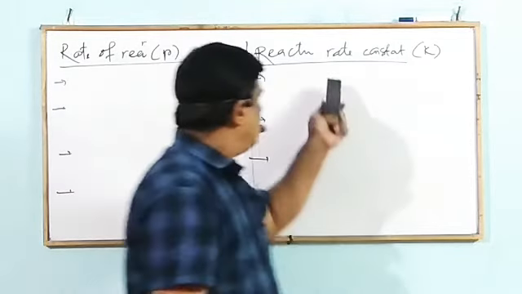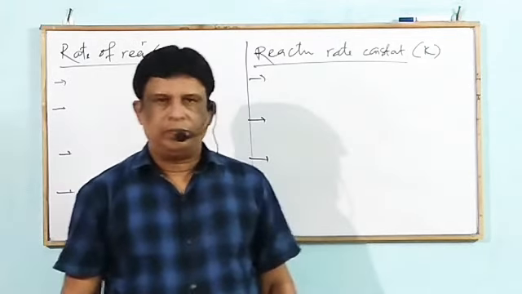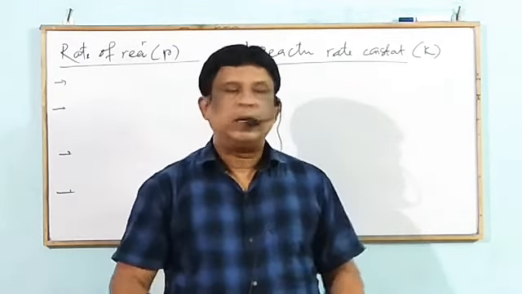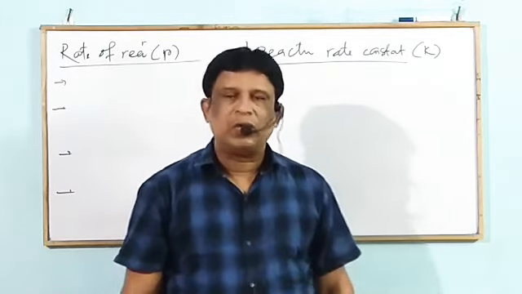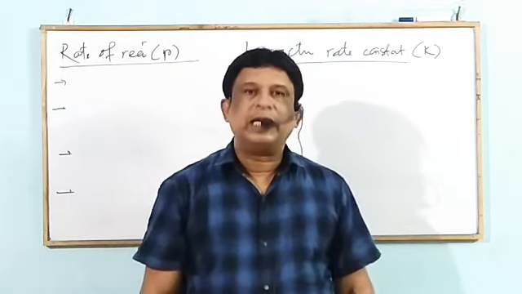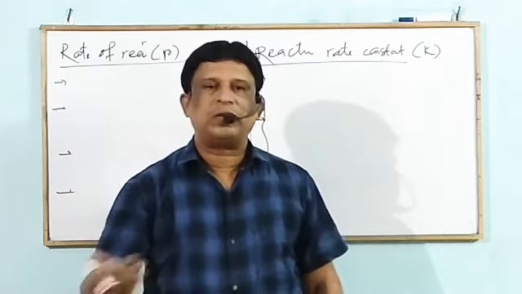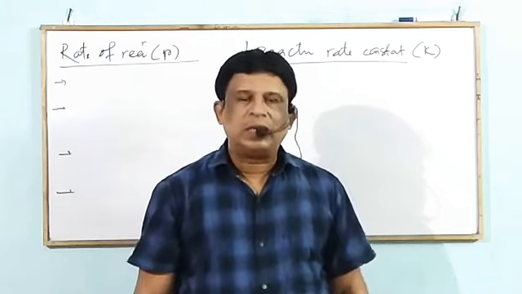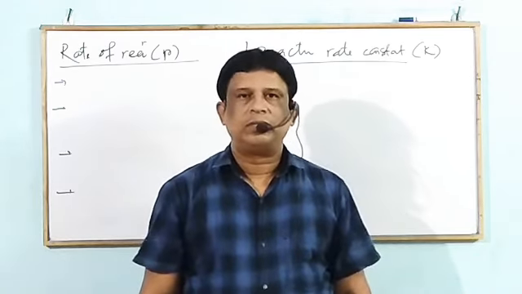While the rate constant is a proportionality constant which is represented in the rate law expression and is equal to the rate of reaction when the molar concentration of reactant species is unity.